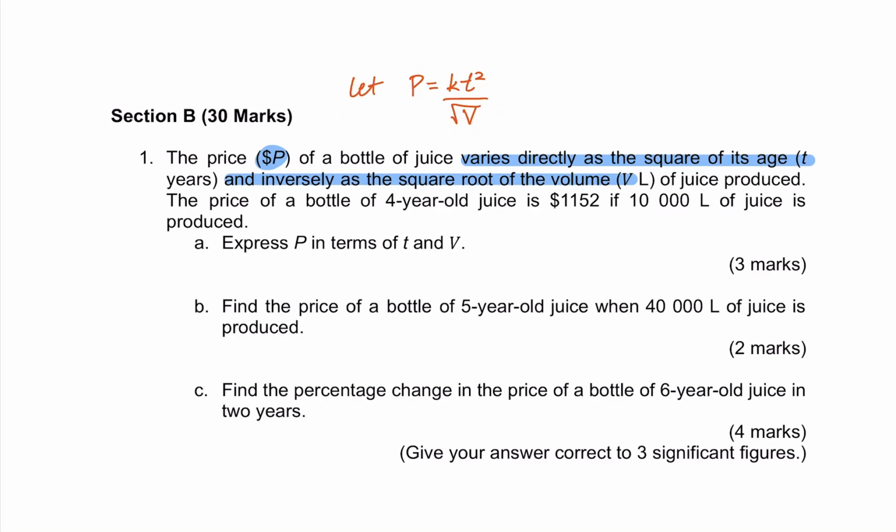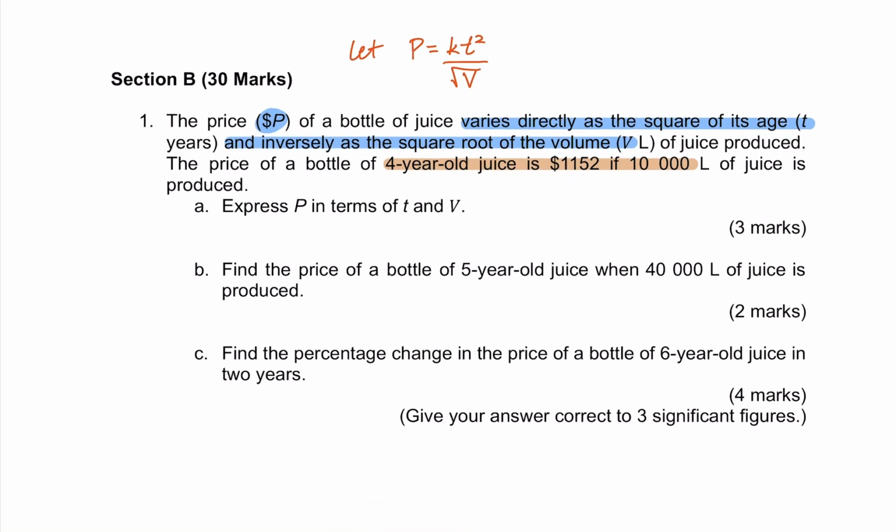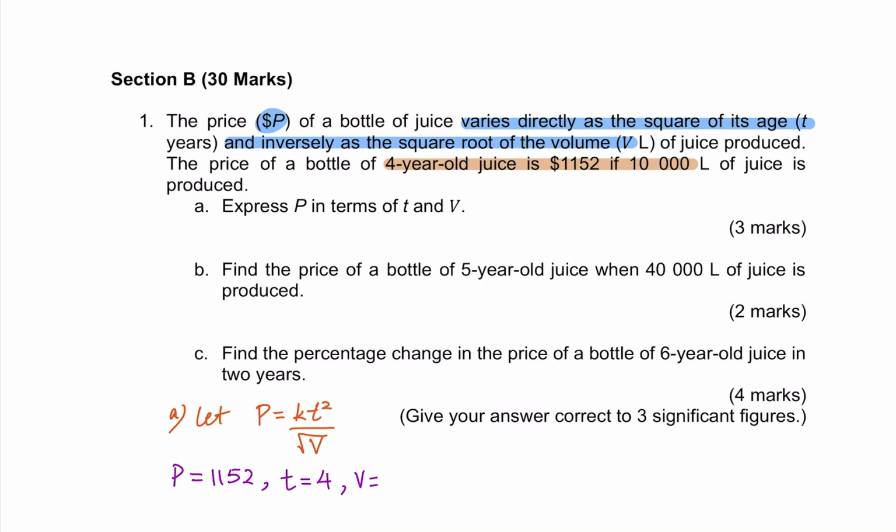You get 1 mark for that, and the next mark that you can get is by substitution. Here, it's 4 years and then the volume. I'm going to write everything on the bottom for a better view. So now you know that P is 1152, T is 4 years, and volume is 10,000.